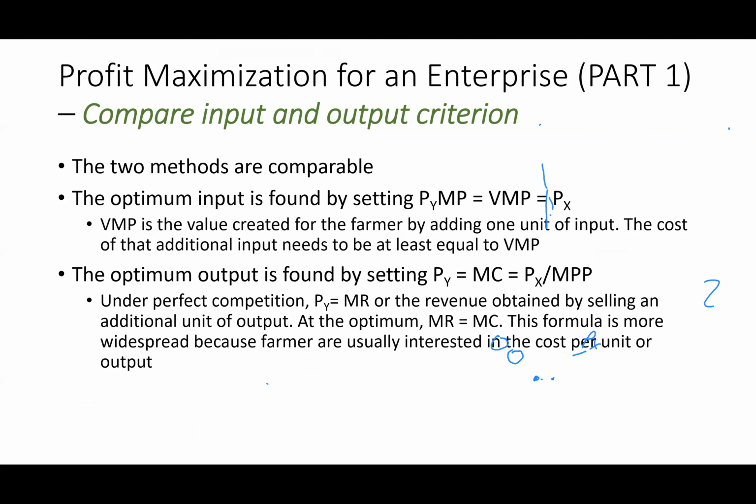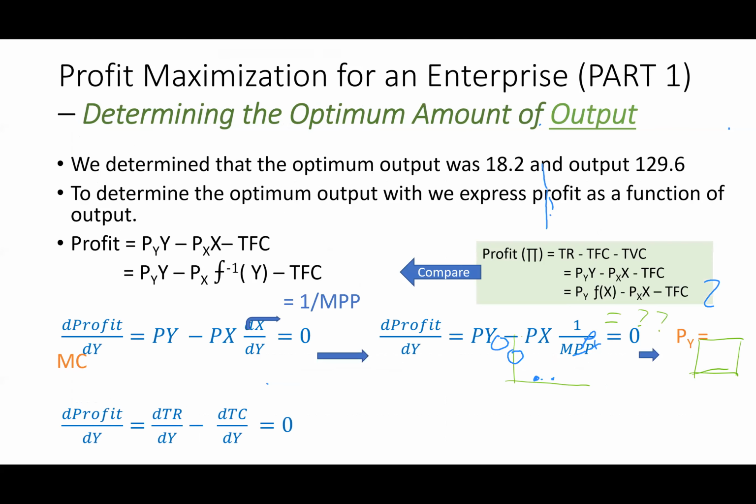We can easily show that 1 over marginal physical product is actually the marginal cost. And so what we are trying to figure out is that the price of y equals px times marginal cost, which is basically the inverse of what we found here.